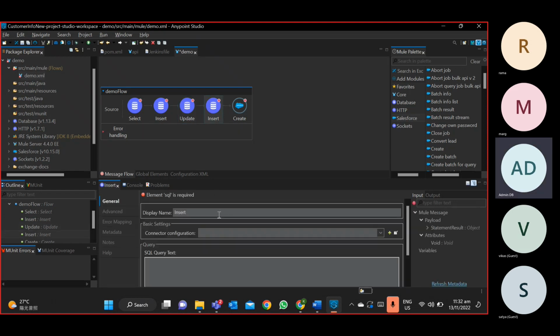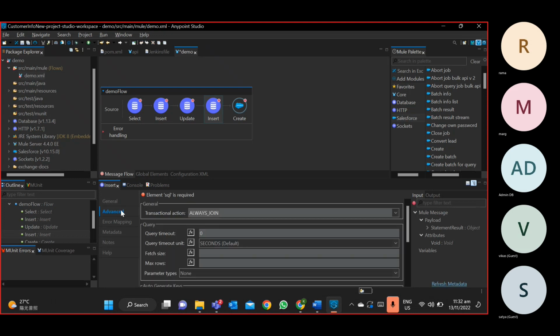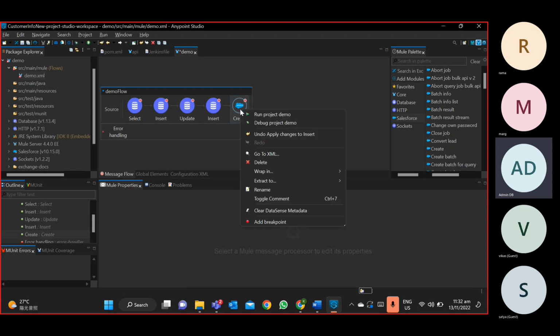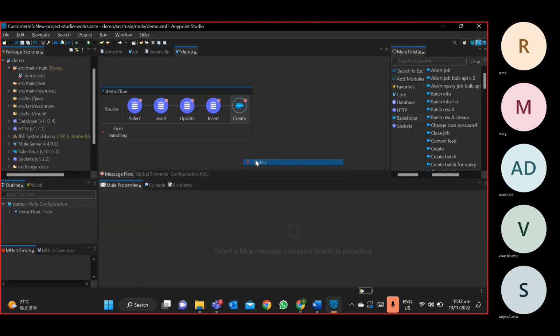For this also, join if possible. Now, can anyone tell me whether these two will participate in the transaction or not? Second and third. Anyone has an idea?